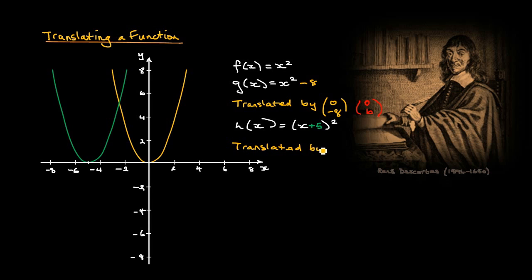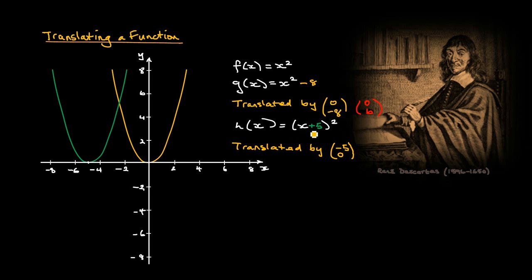Well, we must have translated it 0 up and down, but not 5, not positive 5, but negative 5. So negative 5. In other words, what we've had to do is change the sign. To move it to the left, we've actually had to put plus 5 into our function.